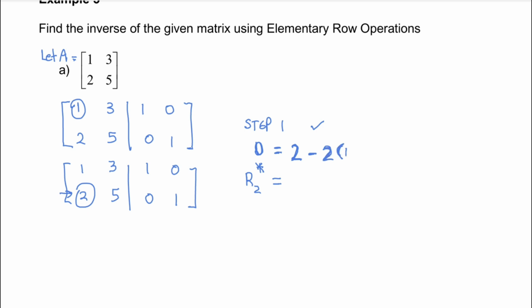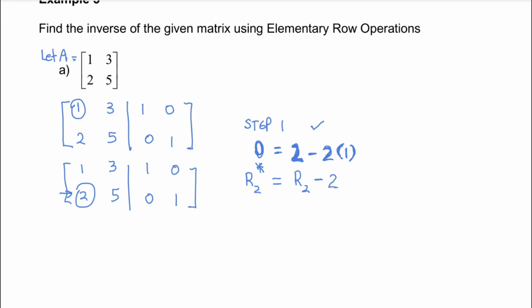2 is also 2 times 1. Right, so what is 0? The new row 2. What is 2? 2 here is the old row 2. The old one, you minus it with 2 here, which is a constant.